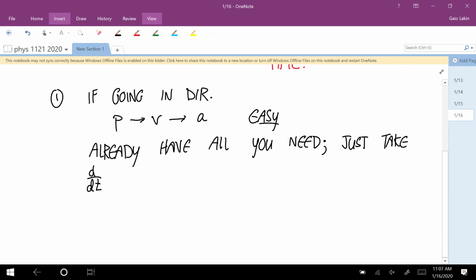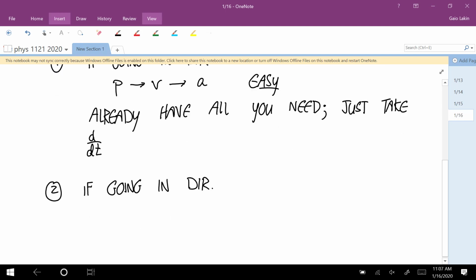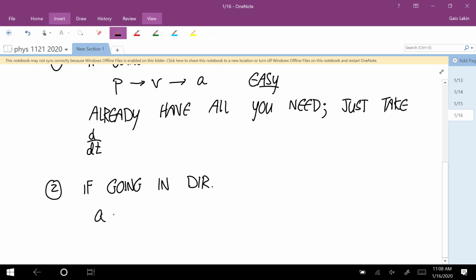But there are times when we want to go in the other direction. So what if you're going in the direction A to V or V to P?